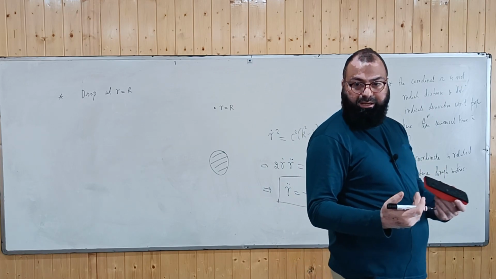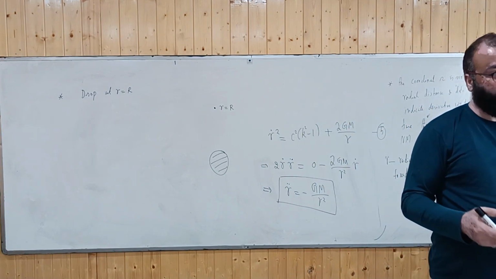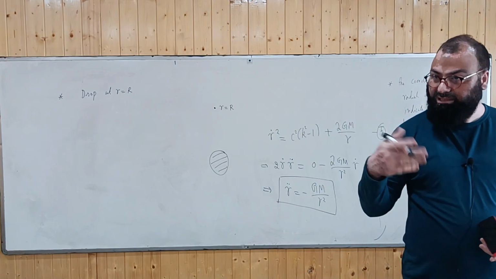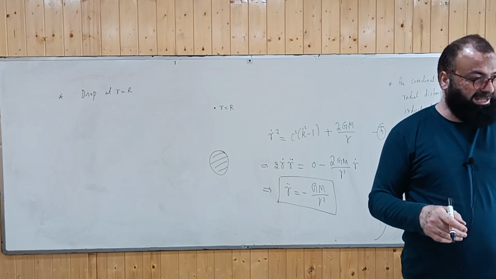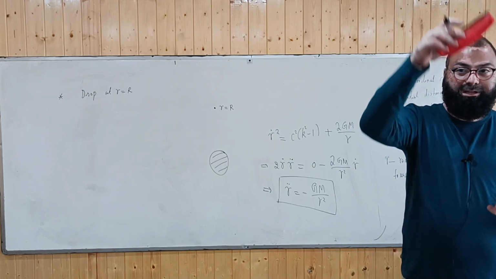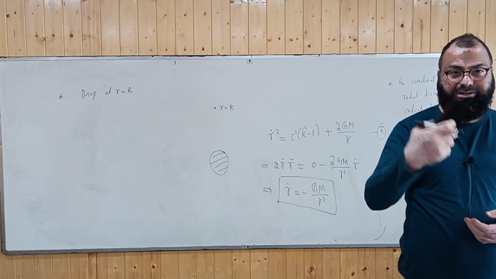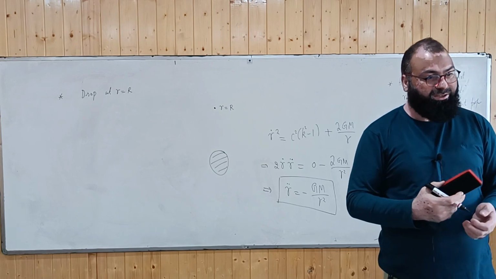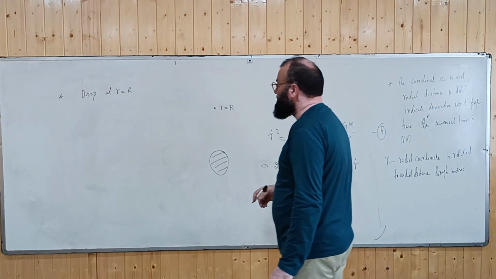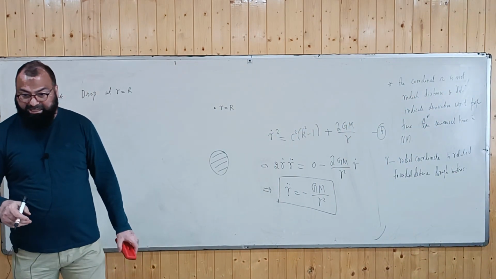If you throw it upwards, you are losing kinetic energy. If you throw it downwards, you are losing potential energy. Clear? So let's look at whether we are able to derive that kind of result.